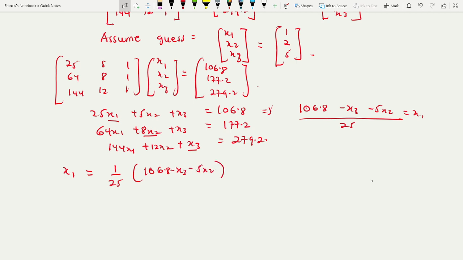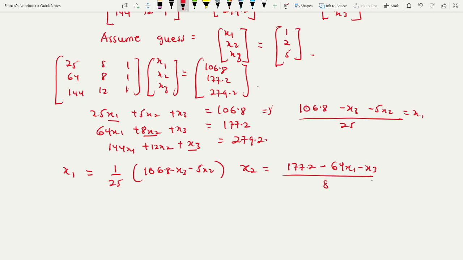Then you put this one down. What will be my x2 in the second equation? My x2 in the second equation will simply be 177.2 minus, I want x2, so I'll just bring the rest there. So minus 64x1, then minus x3. All this over the coefficient of what?